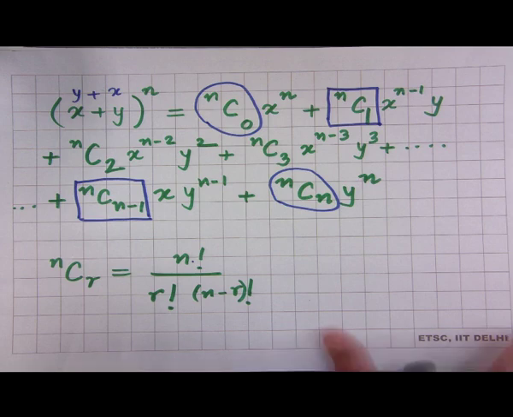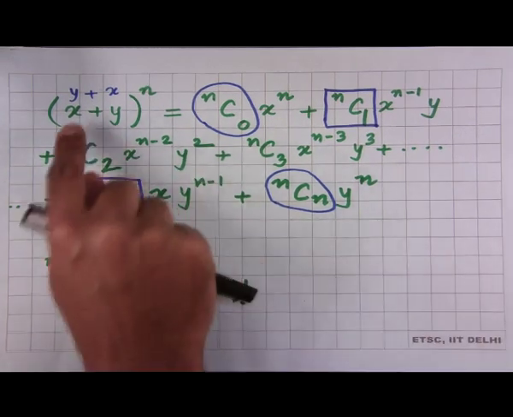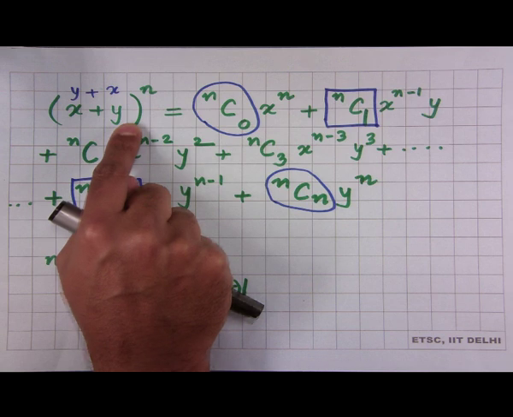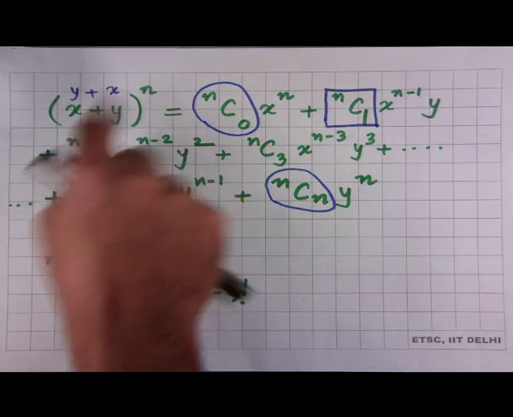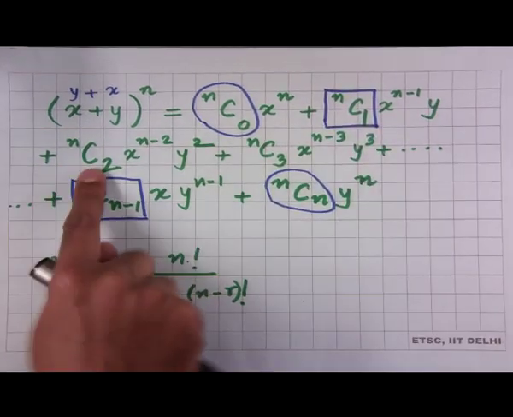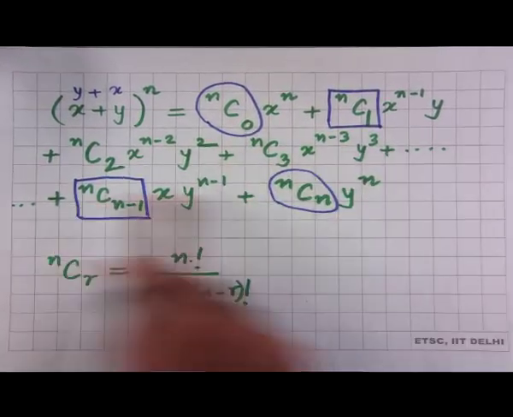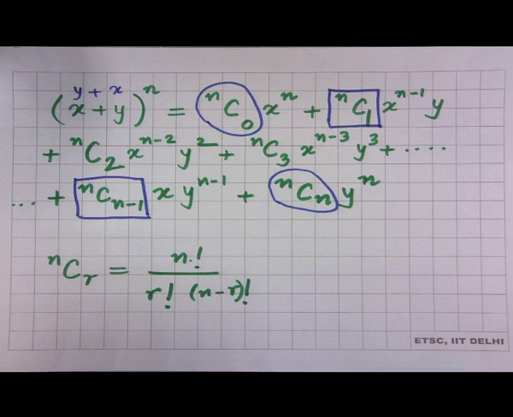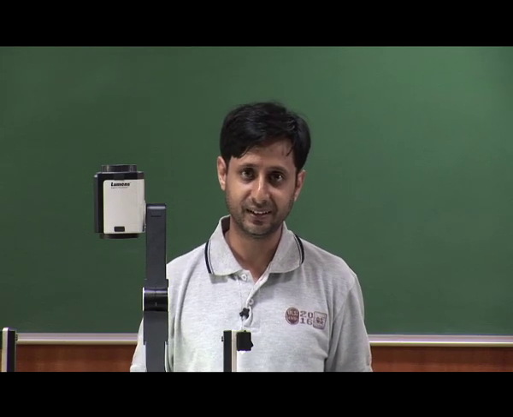The other thing that we noticed is that if I plug in x equal to 1, y equal to 1, you get 2 power n on this side, but on this side you get n c 0 plus n c 1 plus n c 2 plus n c 3 all the way till n c n. So that is the second result, that the sum of all of these is 2 power n.